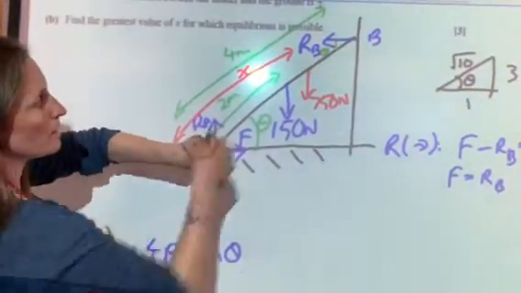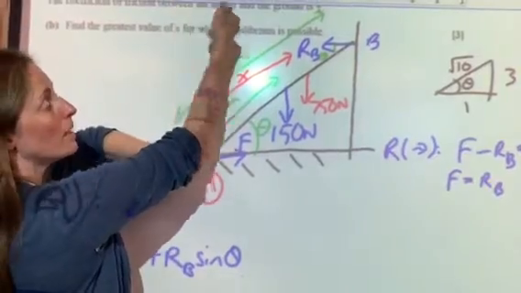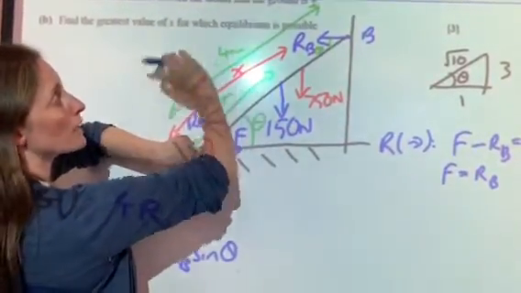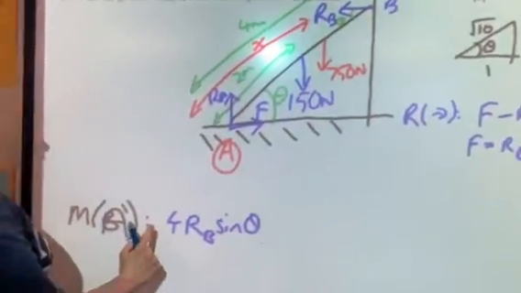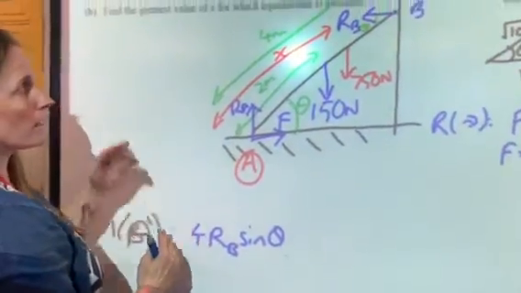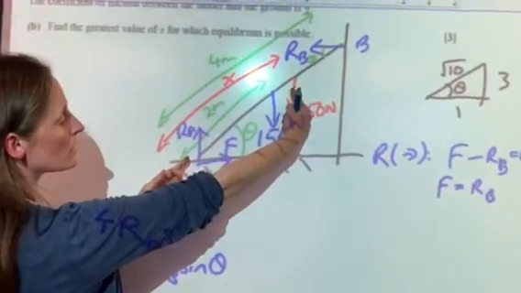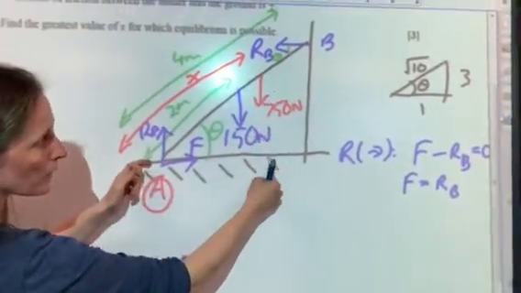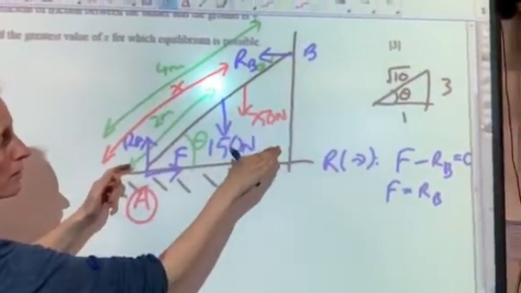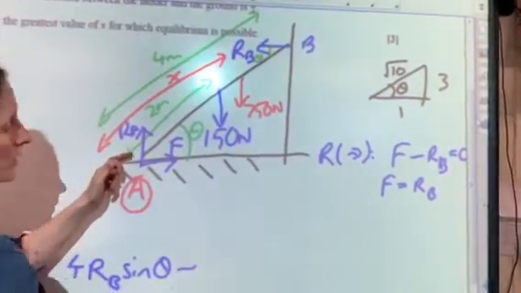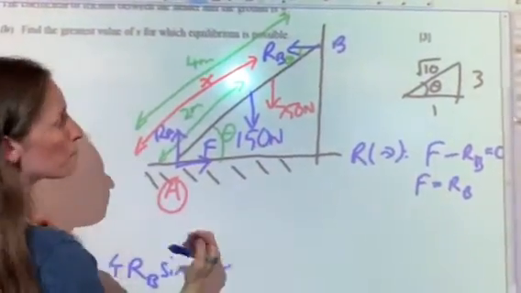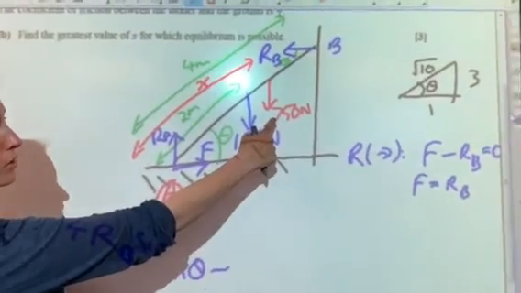Now if I put my pin in this end and we pull that way, we're going to make the ladder go anti-clockwise, so it's a positive value. Now let's go along to 750 newtons. If we pull that way, we're going to make the ladder go clockwise, so we're going to have a negative.